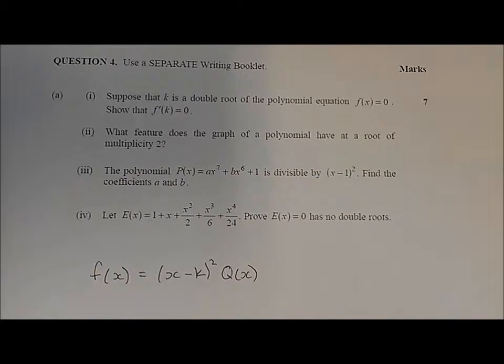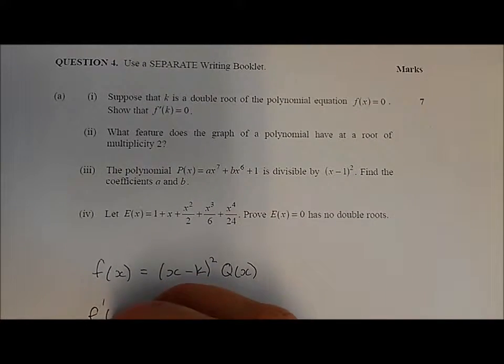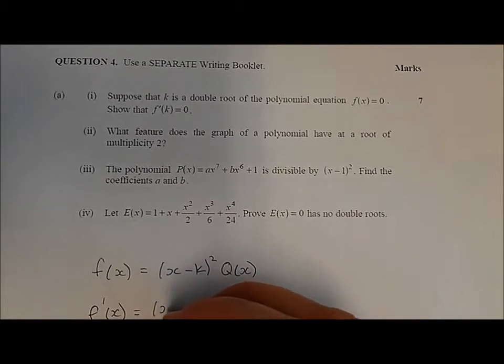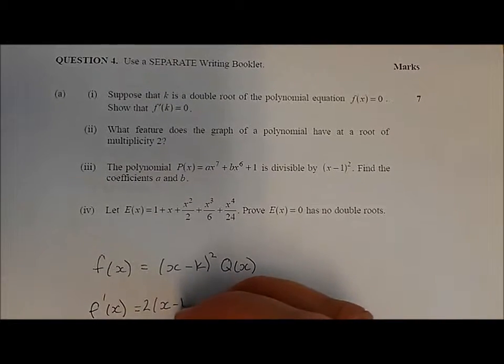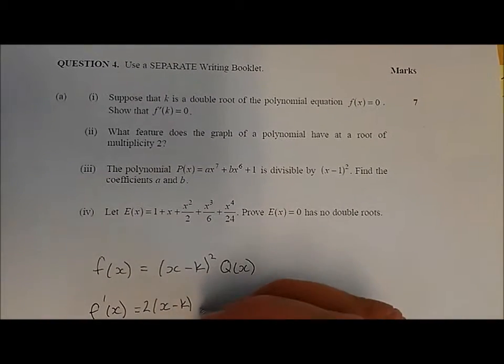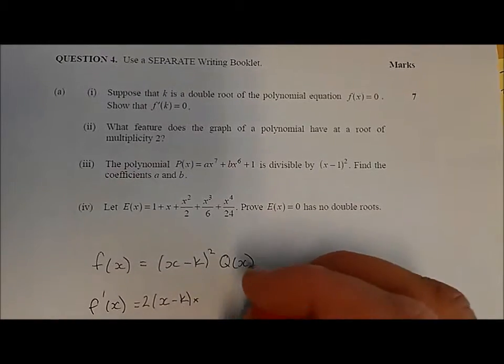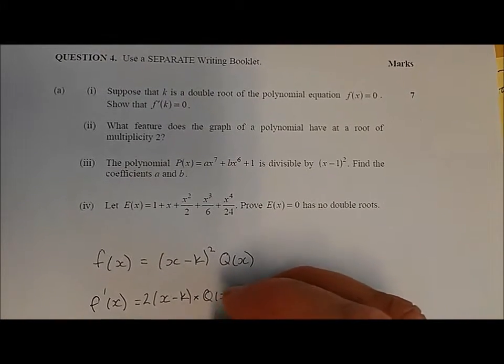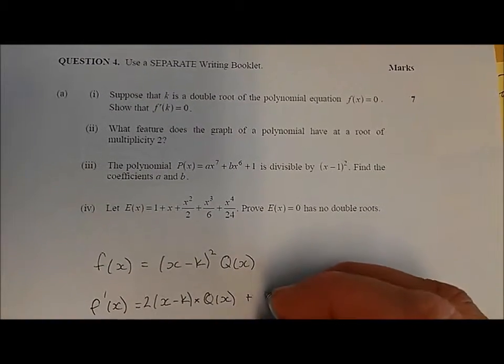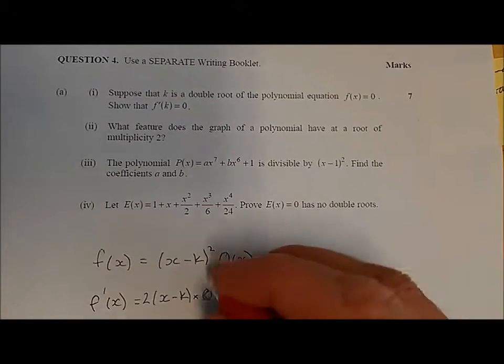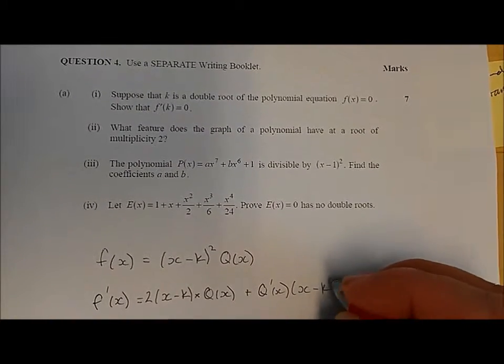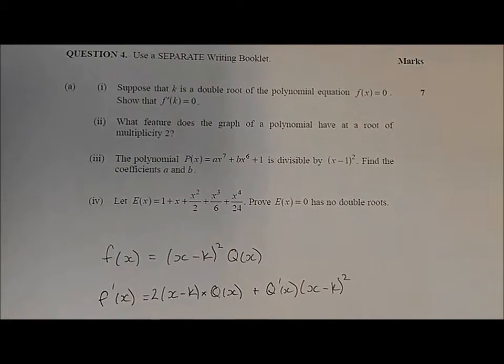So f dash of x then is going to be 2 lots of x minus k times q of x, so differentiate the first times by the second using the product rule, plus differentiate the second and times by the first. So just the product rule there to differentiate that.